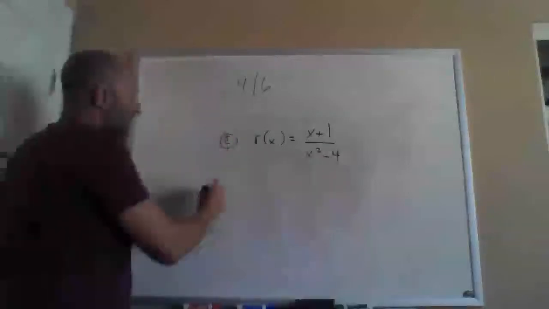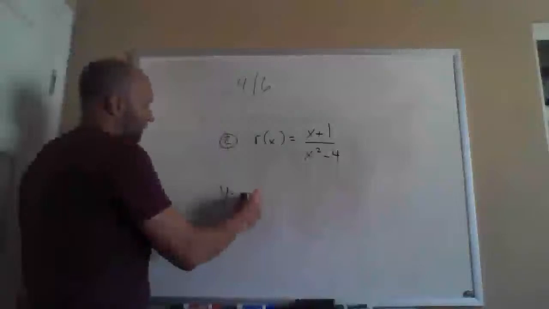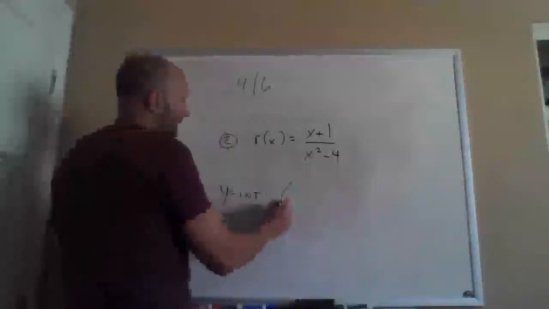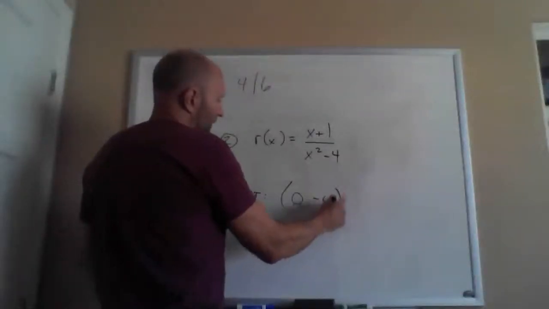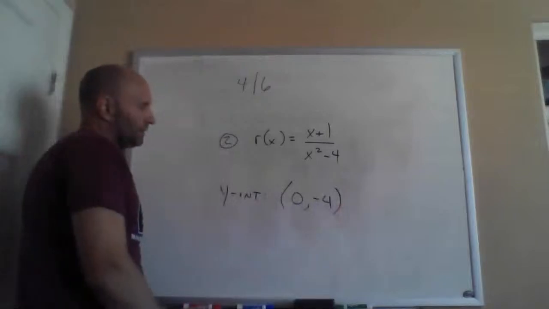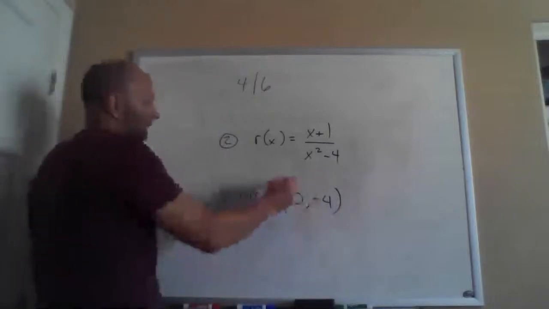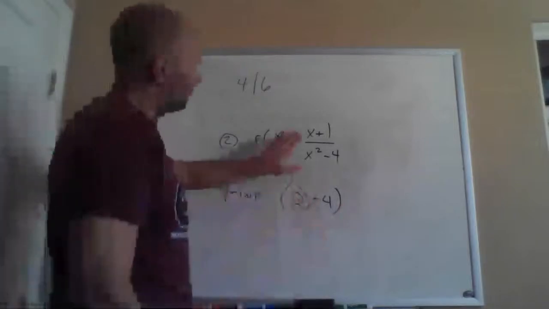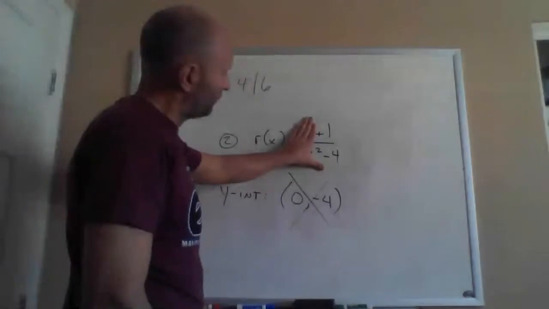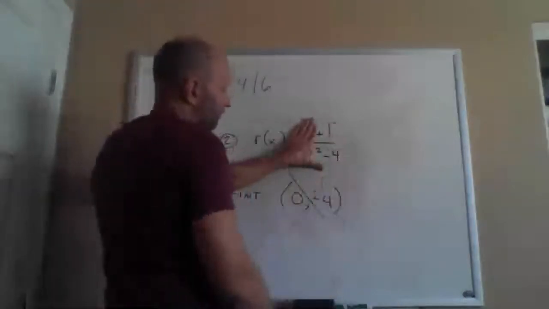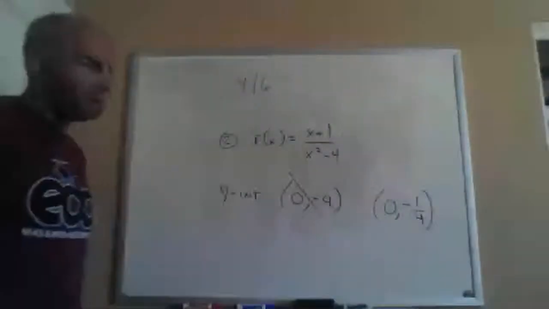And so for the y-intercept, I gave you guys the answer 0, -4. This is not correct. Because for the y-intercept, we set x equal to 0, so we get what? 1 over 4, not 4 over 1. So the y-intercept should have been 0 and -1/4.